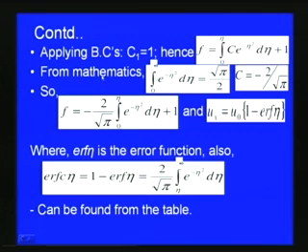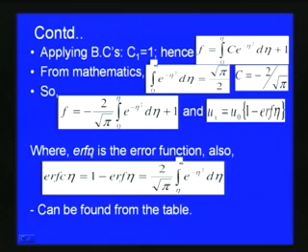Now from mathematics we know the integral from 0 to infinity of e to the power minus eta square d eta is root pi by 2, and c is equal to minus 2 by root pi. So finally we get f is equal to minus 2 by root pi times the integral from 0 to eta of e to the power minus eta square d eta plus 1, and ux is equal to u0 into 1 minus error function of eta. So this can be represented with respect to the error function.